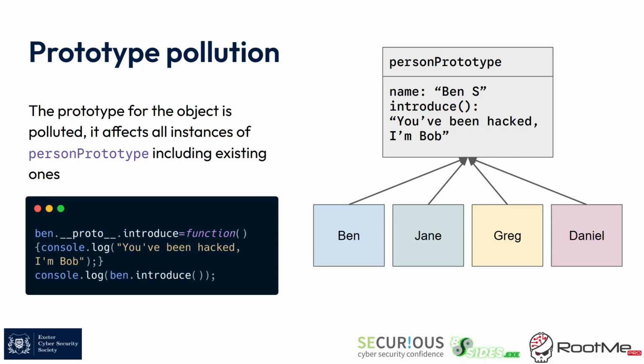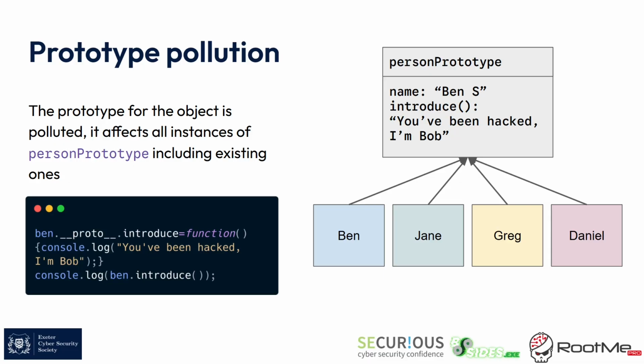And when this happens, for example, when a prototype for the object is polluted, it affects every instance of the person prototype, including existing ones. So let's say I have 4 people here, which all have person prototype as their prototype.